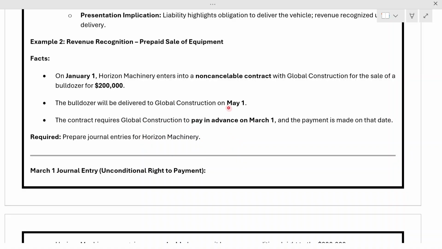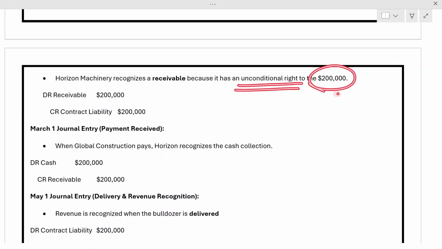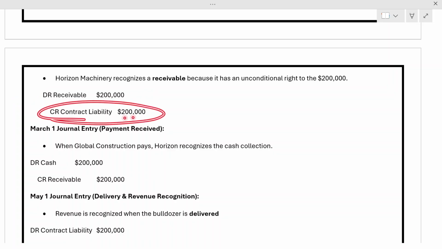The bulldozer will be delivered on 1st May, however payment was received in March, so they might have certain liabilities in their books, right? So Horizon company will recognize the receivable because it has an unconditional right to $200,000. So they will debit receivables $200,000 and credit the contract liability because they have not yet provided the asset.